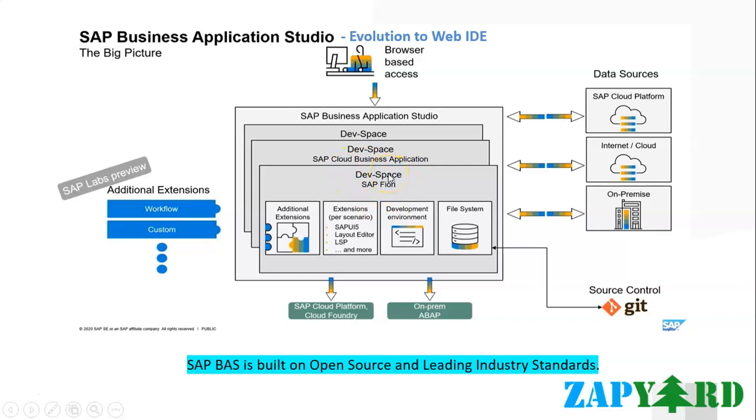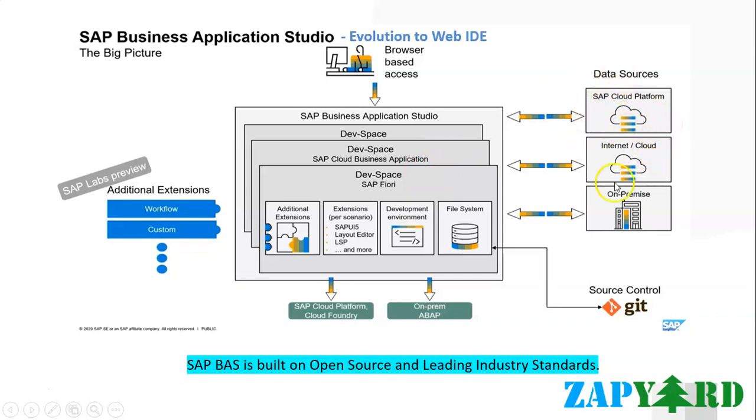With the pre-packaged extensions, and if any additional tools are needed, we can customize the dev space and add additional extensions. Your BAS can connect to various data sources, either on-prem or on cloud, SAP and non-SAP, and any such data sources.